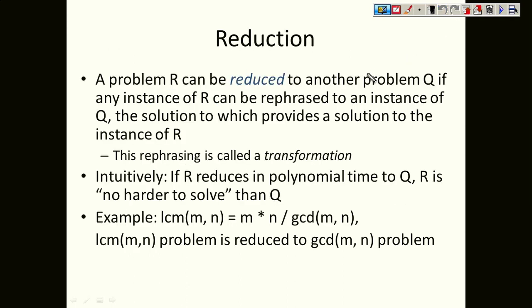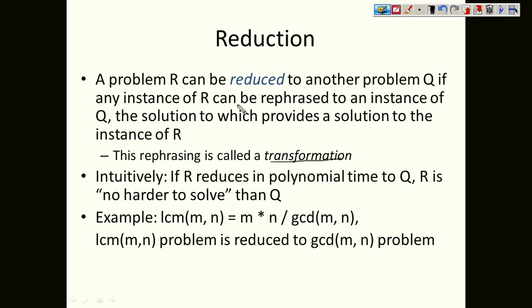Then there is the concept called reduction, which we call reducibility. Reducibility is basically transforming a problem from one form to another. The objective here is that there are many new problems for which the solution is not known.